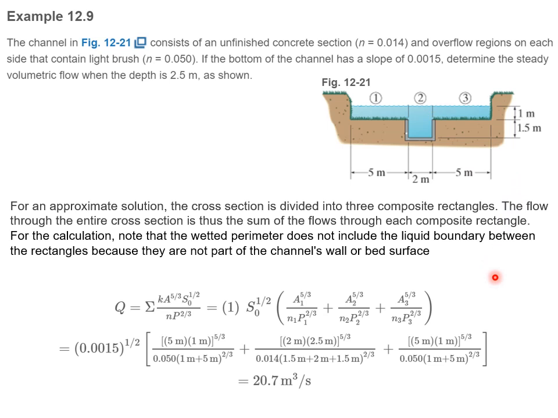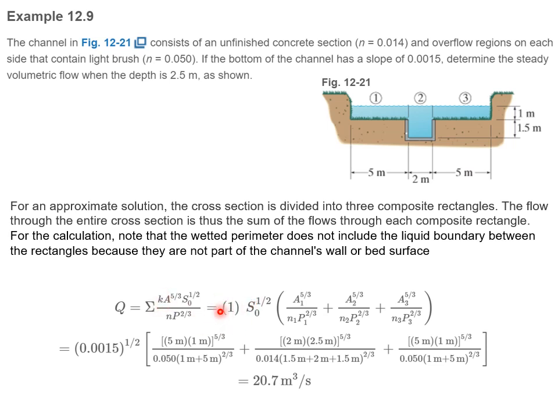So we can write Q as the sum over each rectangle of those area and perimeter terms. S0 is the same because the slope is the same, so we can factor that out. We're dealing with meters, the metric system, so our K value is 1.